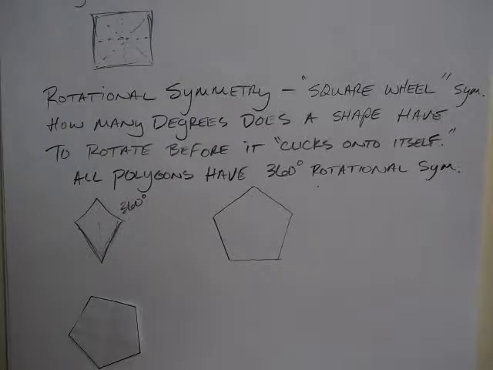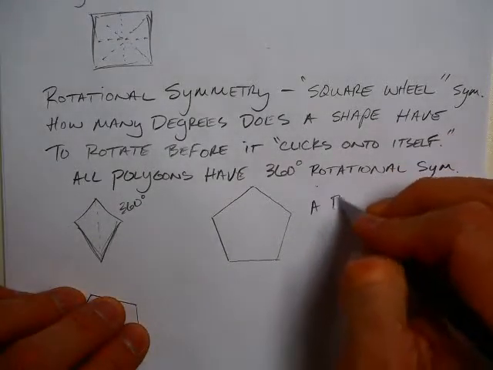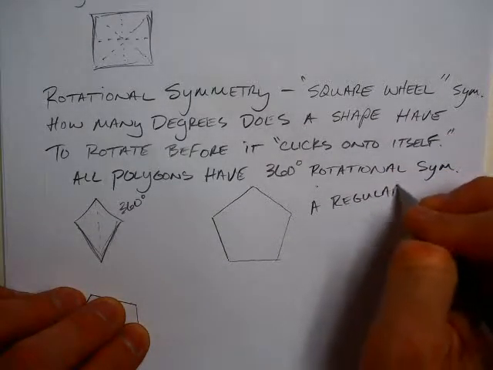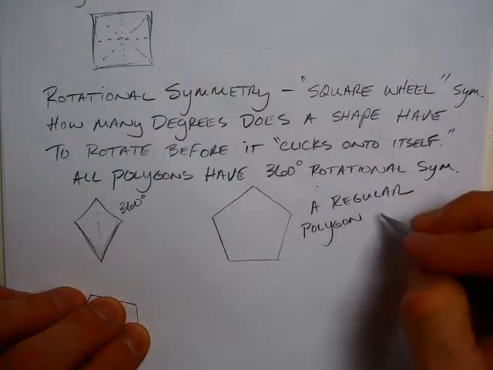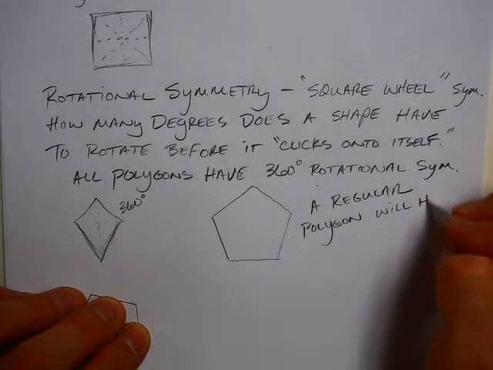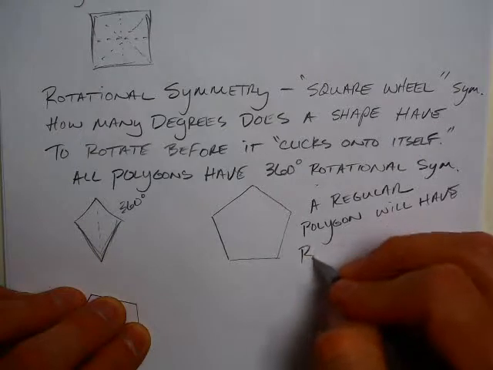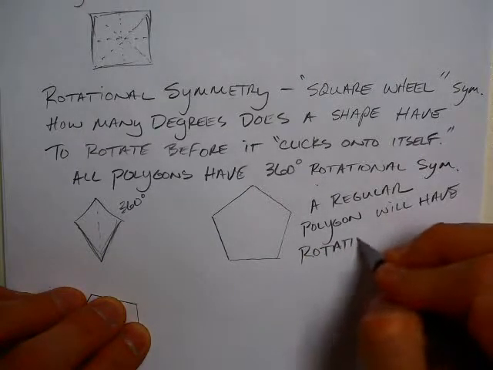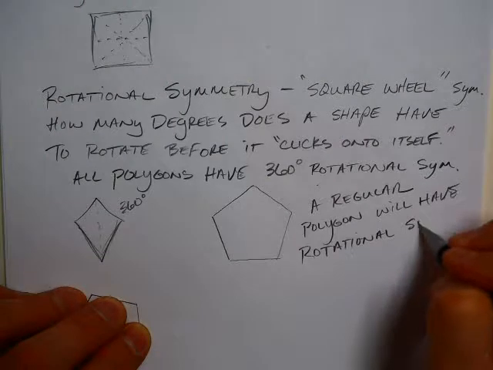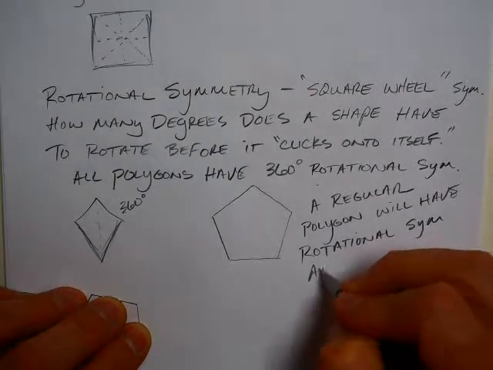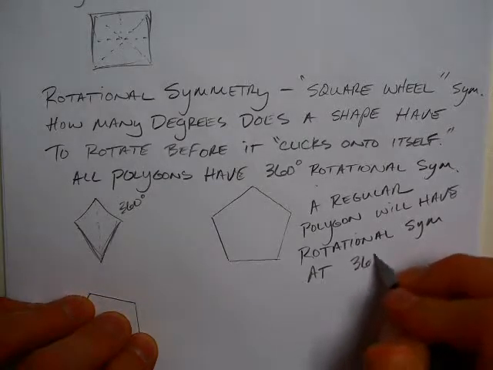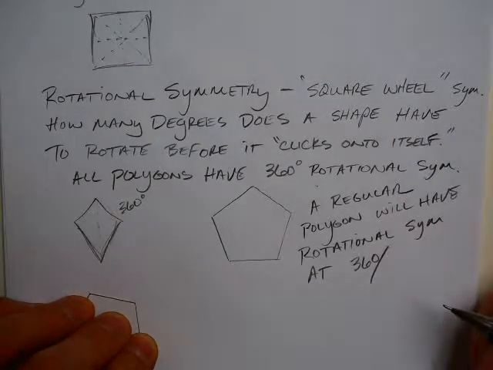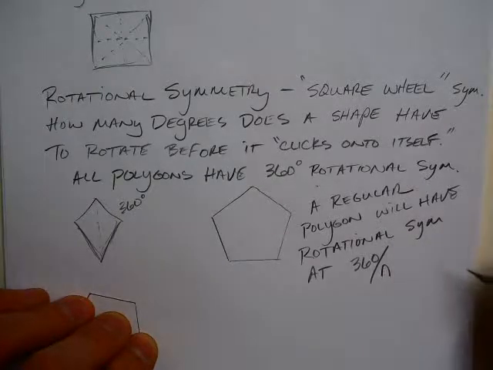On a regular polygon, the rotational symmetry will be 360 divided by n, the number of sides.